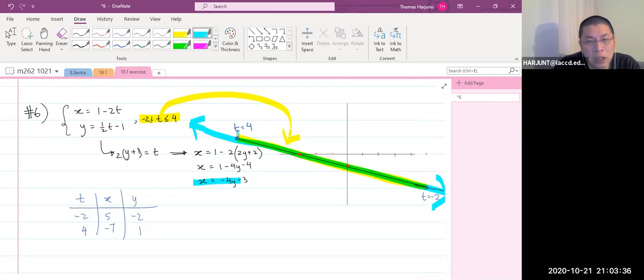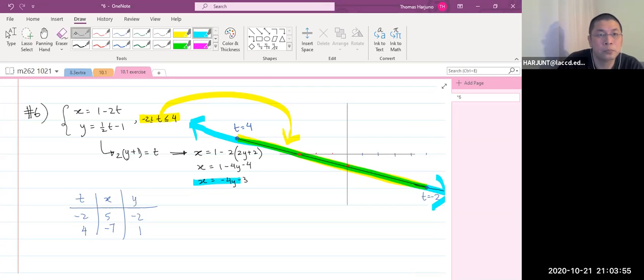So my technique is I do the parameter elimination first. I eliminate the parameter. And then I look for the initial and terminal points. Even so, to do that, you need to be a bit careful.